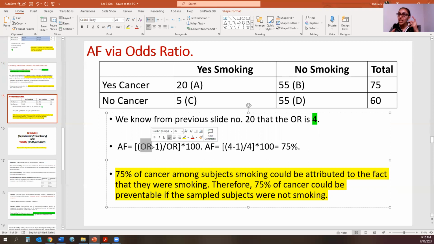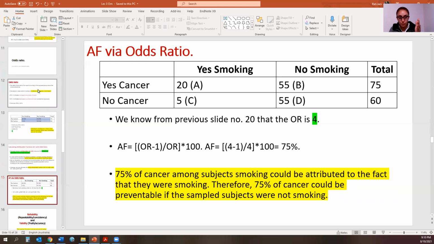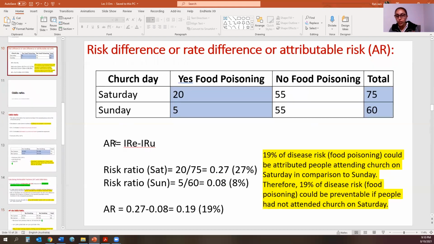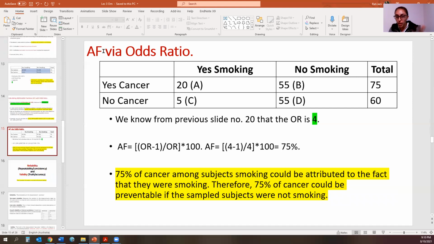The theory is so similar: to calculate your attributable risk, the first thing you need is your risk ratio. When you have your risk ratio, then you can get the difference. The same sort of theory applies for attributable fractions: to use this formula, you need the odds ratio.